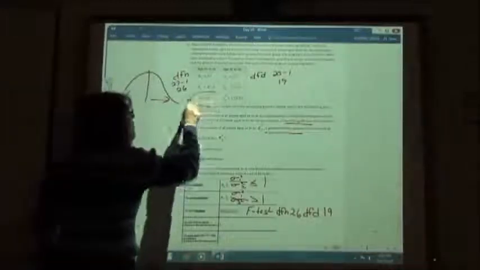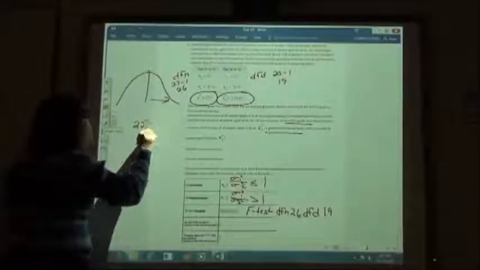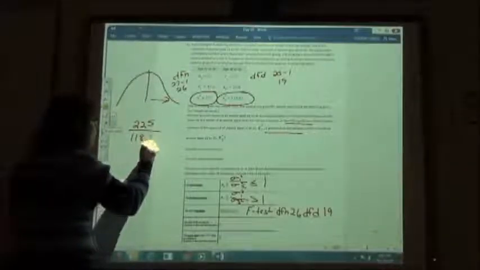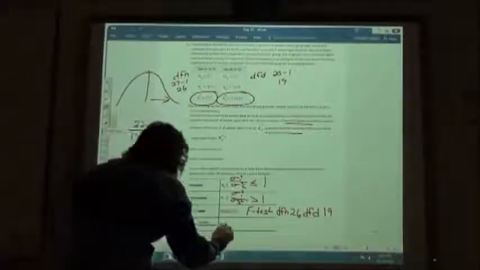We need to find the value of our test statistic. And so we're just going to take our variance from our first divided by our variance of our second. 225 divided by 118.81 is 1.894.